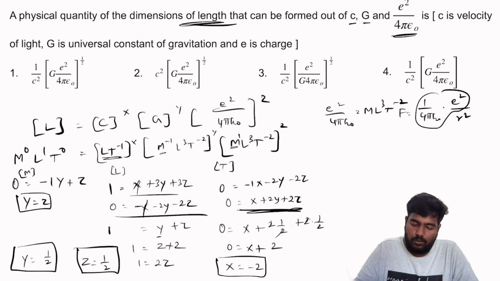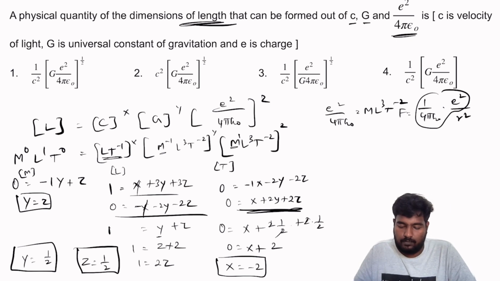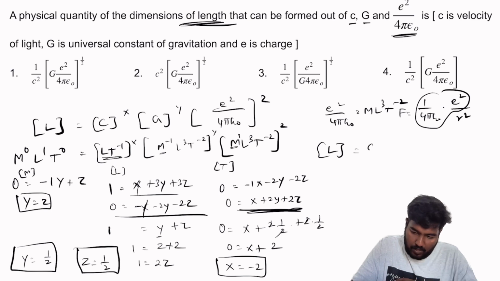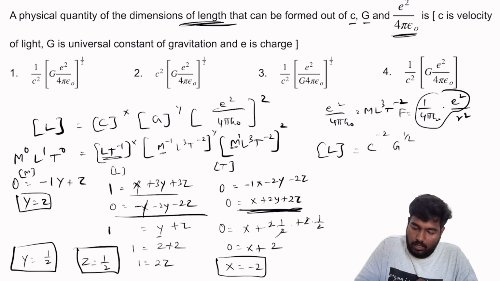So y equal to 1 by 2, z equal to 1 by 2, and x equal to minus 2. So if you put this, the dimension of L will be c power minus 2, g power 1 by 2, and e square by 4 pi epsilon naught power 1 by 2.